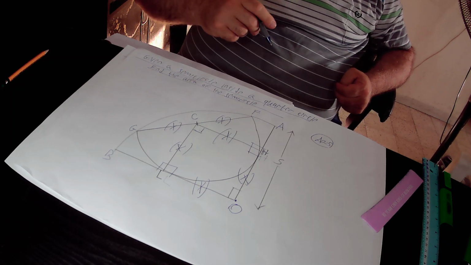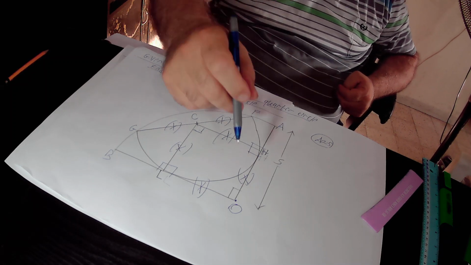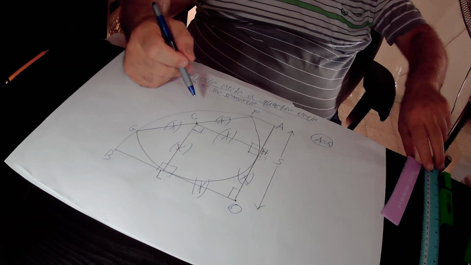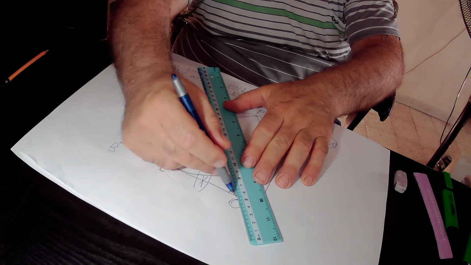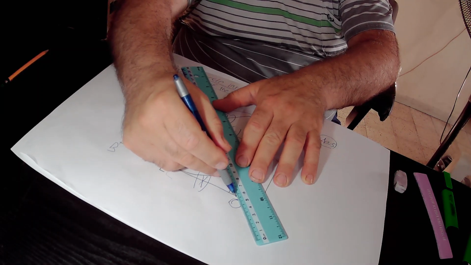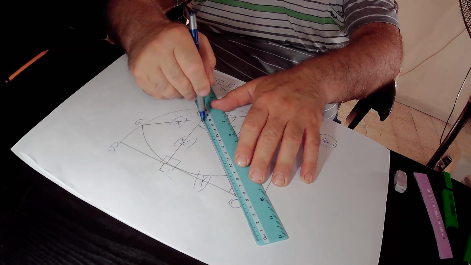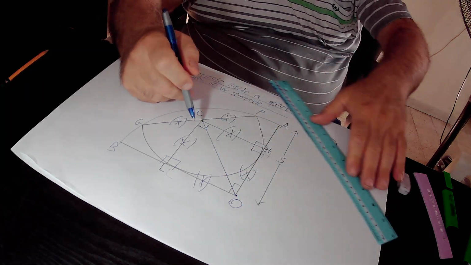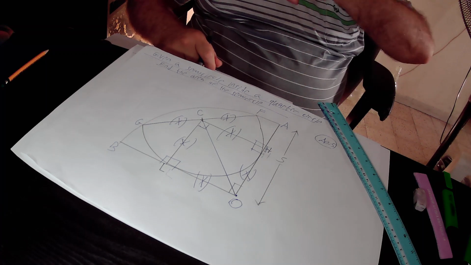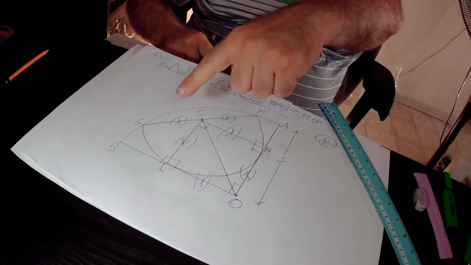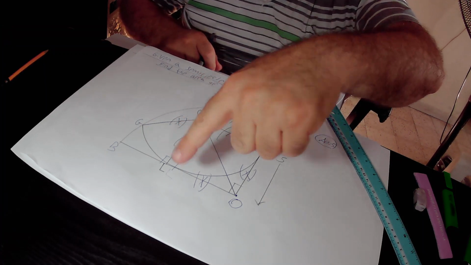In the next step, we join points O and C together by a straight line. By joining points O and C, we get the right-angled triangle CLO.